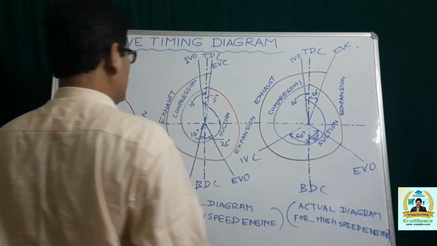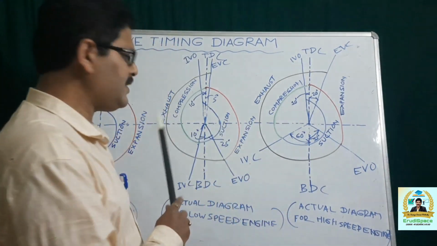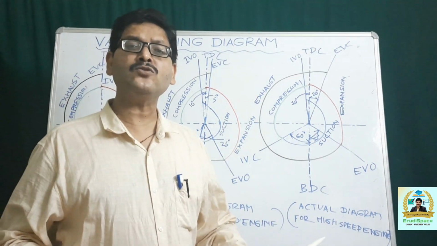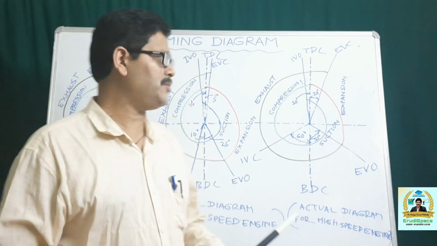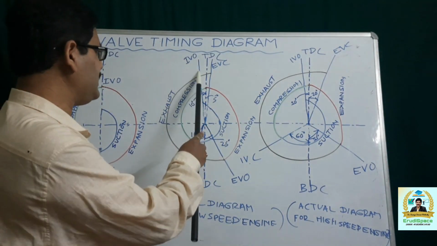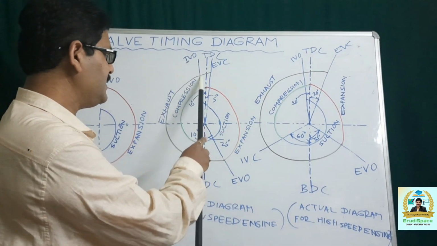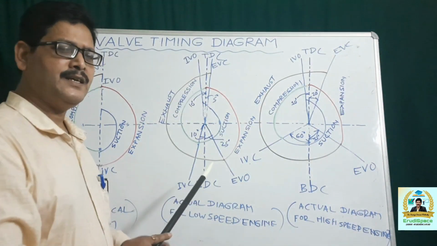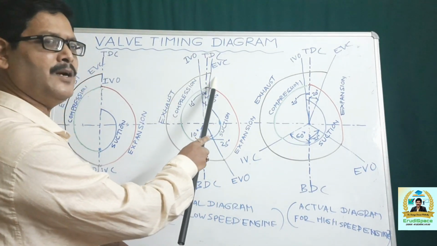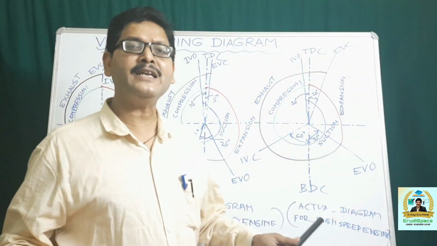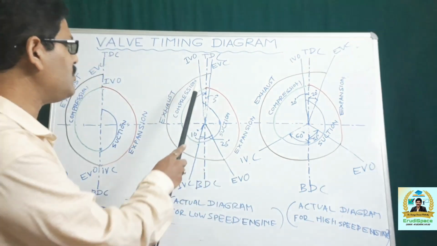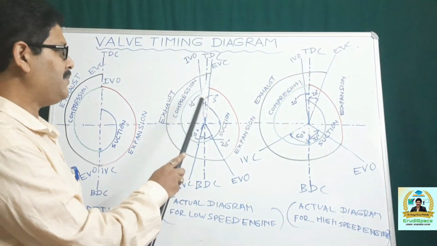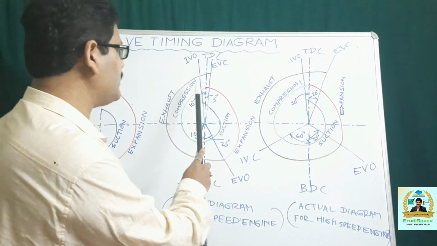So, while discussing the mechanical factor, I have told you that instantaneous opening of the valves is not possible. So always the inlet valve is open few degrees before the dead center, so that by the time it reaches the top dead center position, it will be in completely open position. And if you start the opening of the inlet valve at the TDC, by the time it is completely opened, it would have covered some angle.